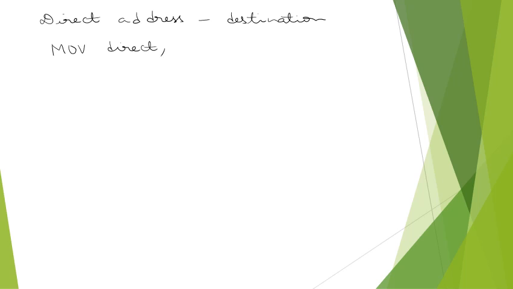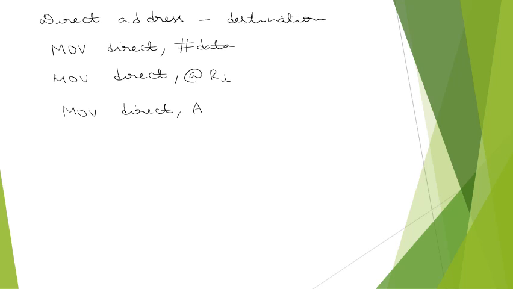Next, when the direct address is the destination, we have the following formats of move instruction: MOV direct, #data; MOV direct, @Ri; then MOV direct, A; then MOV direct, Rn.